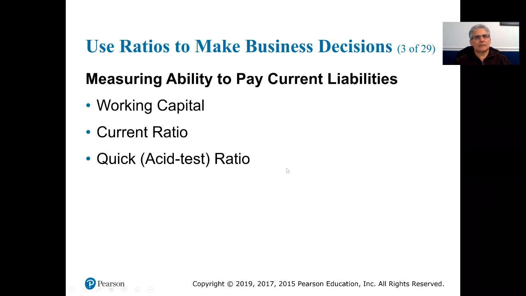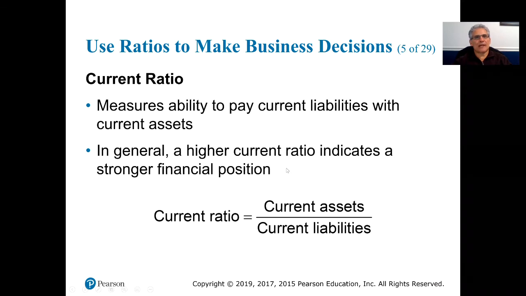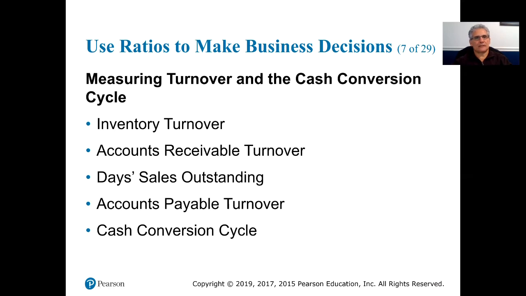So let's see how many ratios we have for that. This slide, slide number 28, gives us five ratios that we use to measure the turnover and the cash conversion cycle.